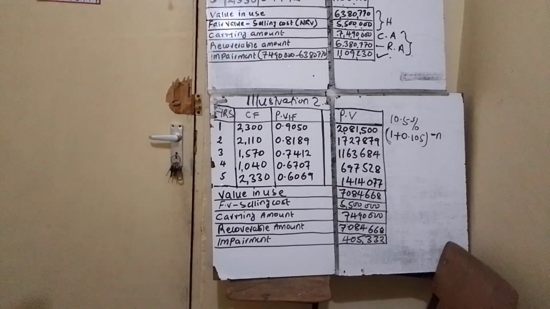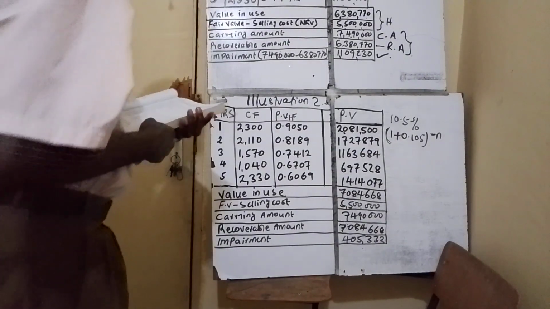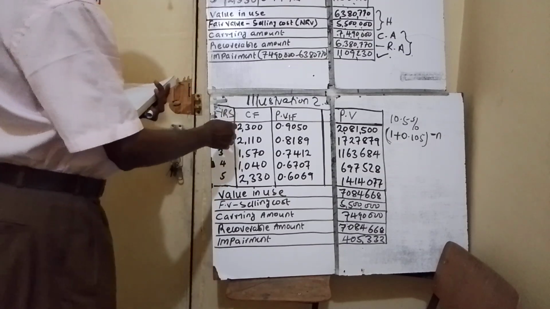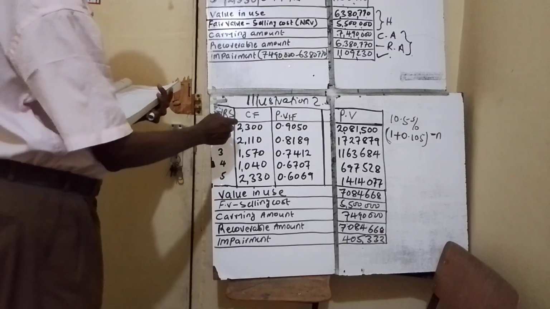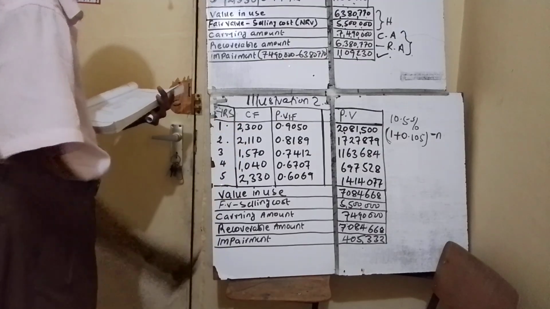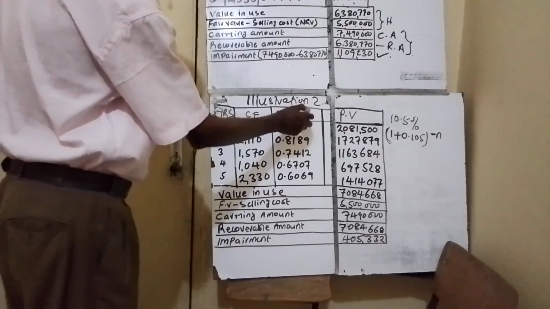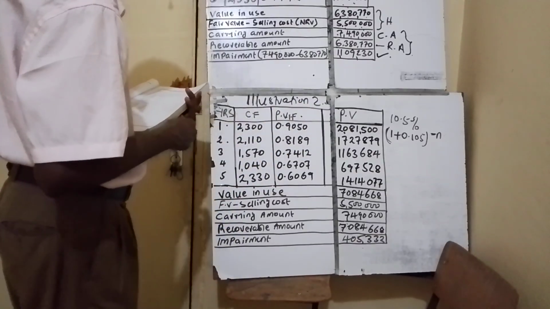Because you have understood the concept, the cash flows are the same, the number of years are the same. We have year 1, 2, 3, 4, 5. Cash flows are the same here. What you do is have a column for present value interest factor.